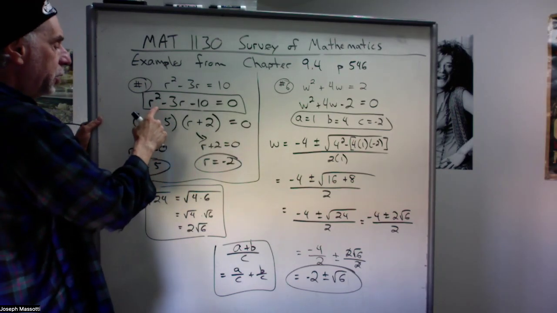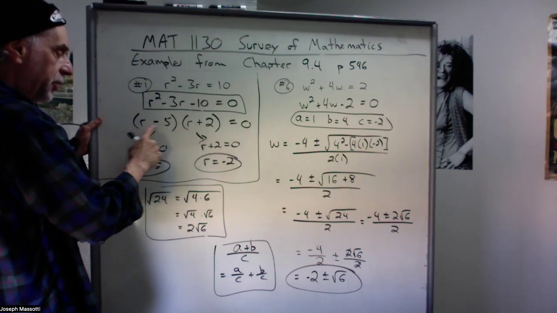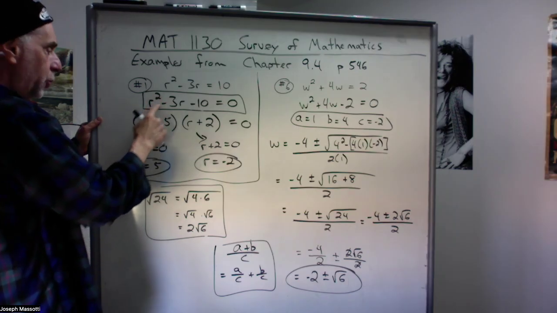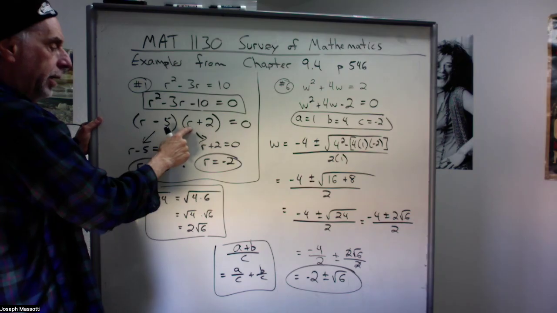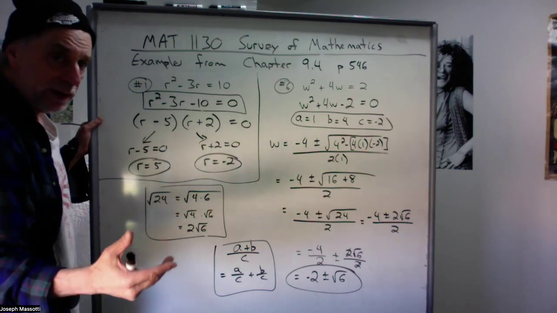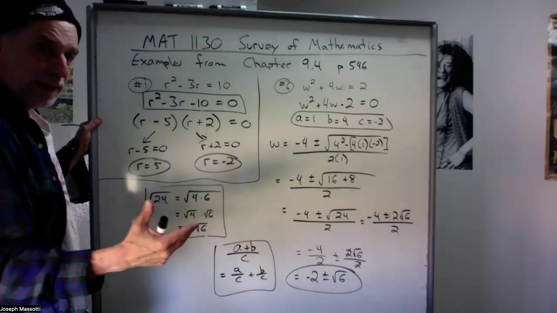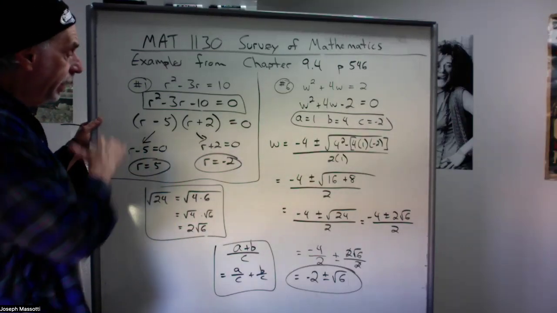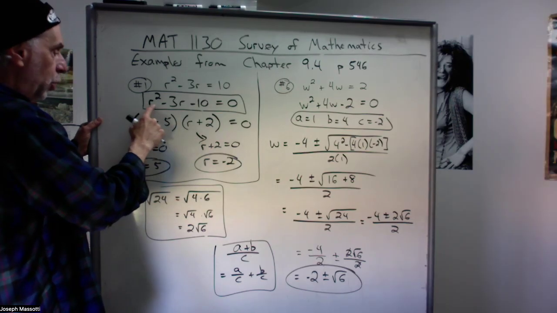We say, what do we have to put here and here on the first terms, first times first, to get this? Well, there's only one choice, right? Here, r squared, the only choice you have is r and r. And there's a video on this separately that I posted on Canvas by some other guy who explains very nicely how to do this factoring method. But first term times first term, no choice.